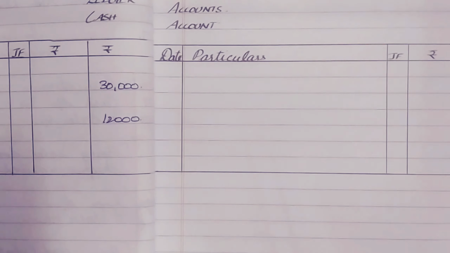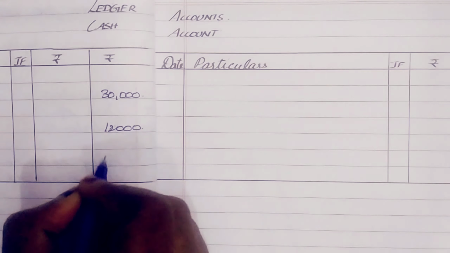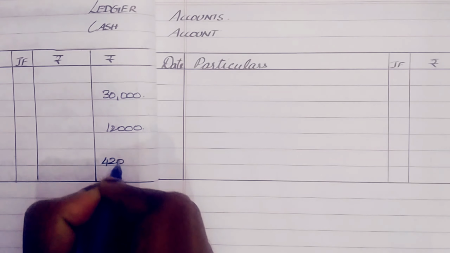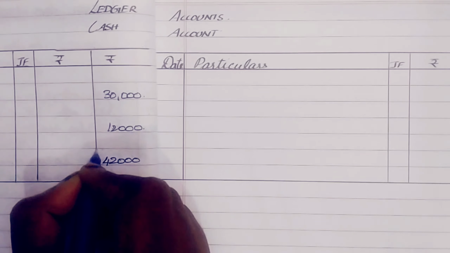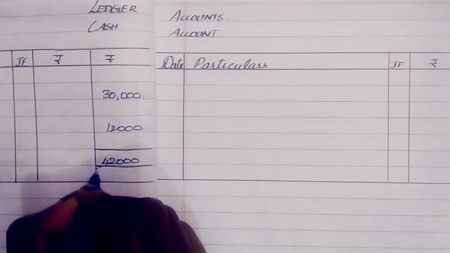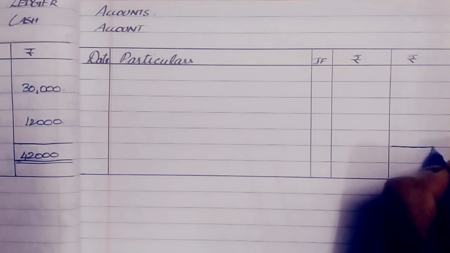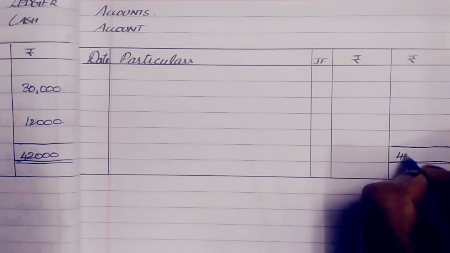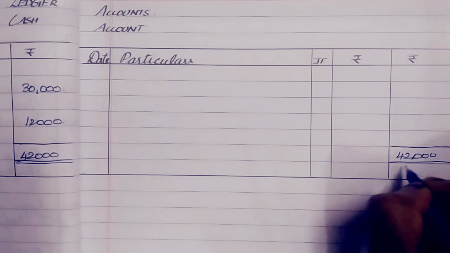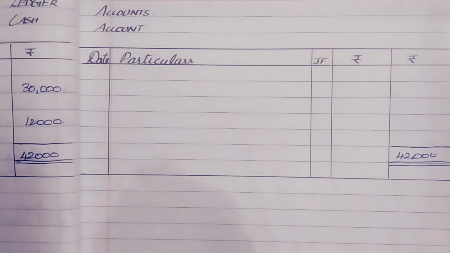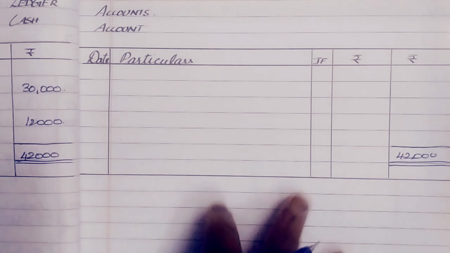So my debit side has 42,000 and my credit side has nothing. Therefore, my debit side total is my greatest total. Therefore, I write the 42,000 as my grand total on both sides, on the debit and on the same line for the credit also. After writing it, I'm going to record the balance on the side which is least.